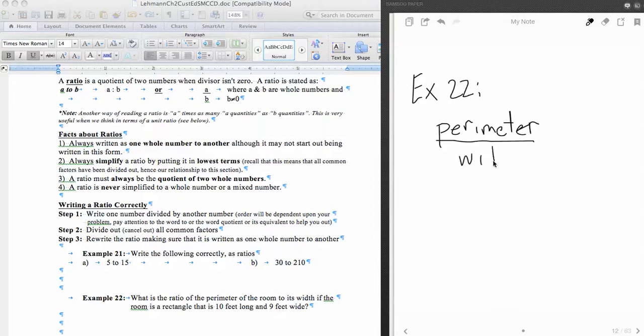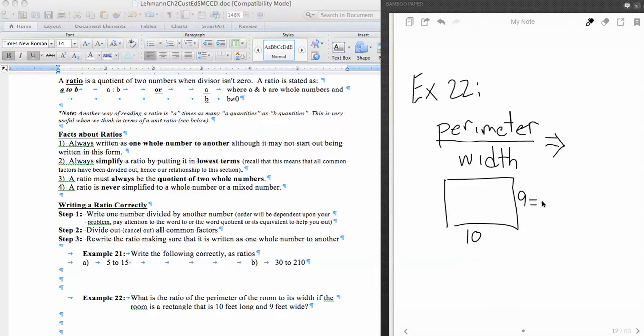So you start out by writing it in words, and then from there we can take this into the numbers. The room is a rectangle that is 10 feet long and 9 feet wide.